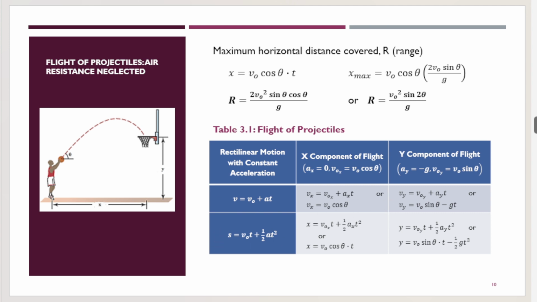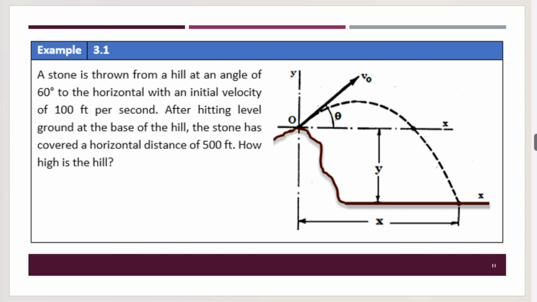Okay? Sige. So, for us to apply that, let's answer this problem. Sabi dito, a stone is thrown from a hill at an angle of 60 degrees to the horizontal with an initial velocity of 100 feet per second. After hitting the level ground at the base of the hill, the stone has covered the horizontal distance of 500 feet.